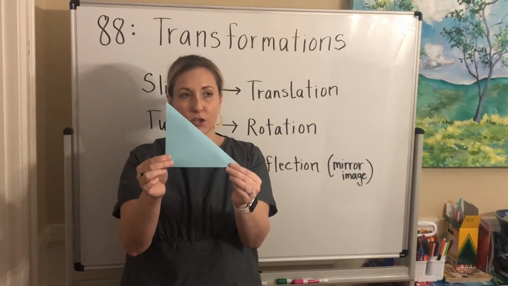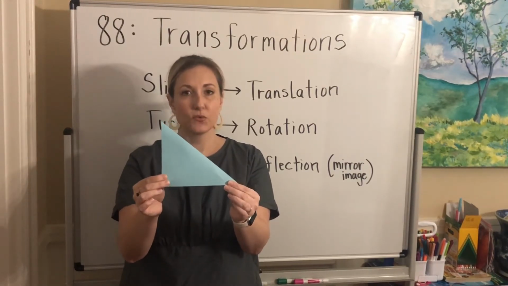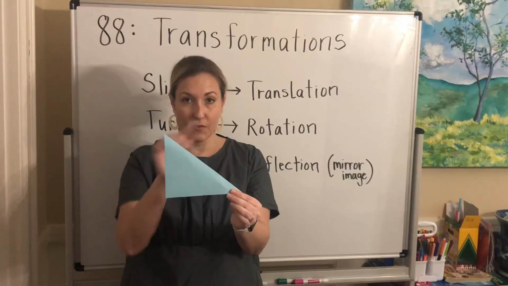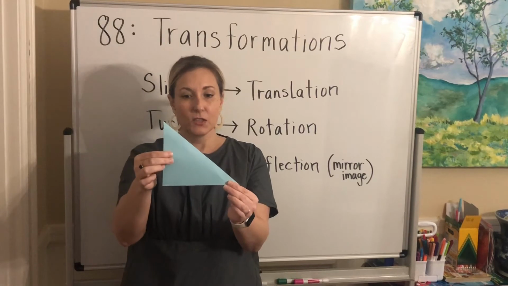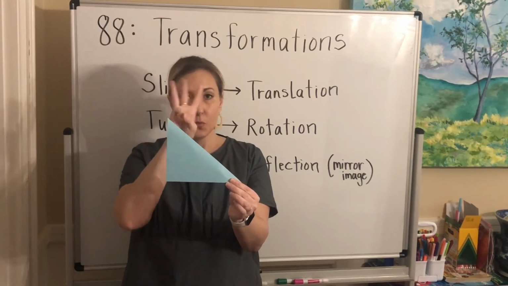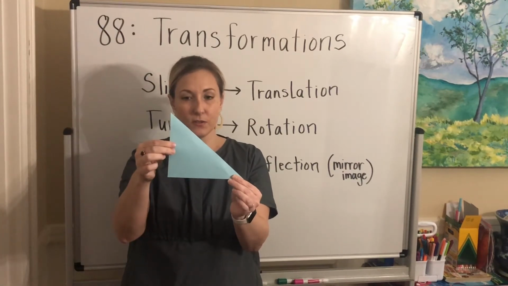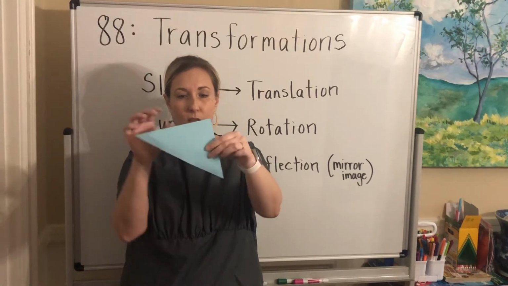Now, what if I want to rotate it 3/4 of a turn? How many degrees is 3/4 of a turn of a whole circle? 90 times 3 is 270. So let's rotate this triangle 270 degrees, which would be three 90-degree turns. 1, 2, 3.